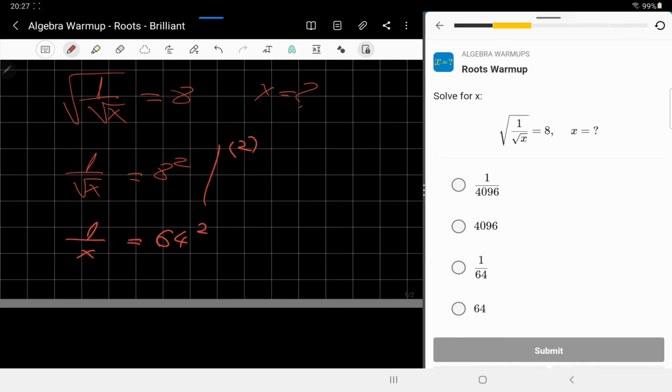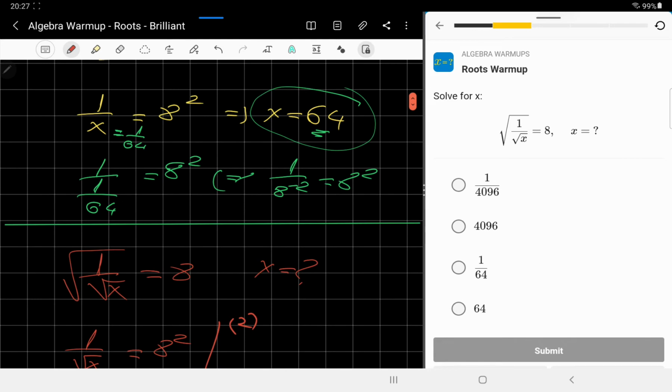Applying the same rationale as before, when 1 over x was 8 squared, x was 1 over 64, not 64.